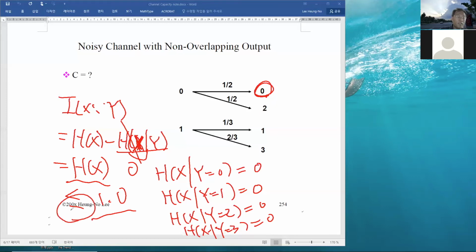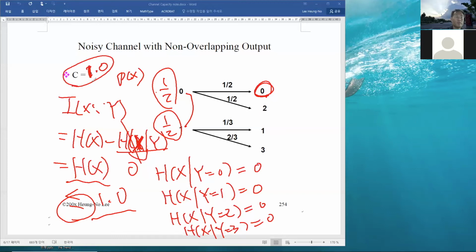And the equality is achieved with input distribution px, which is equally likely. So half and half. If you use these two symbols equally probable, then the capacity is achieved. Capacity C, the maximum is achieved, and the maximum value is 1.0.